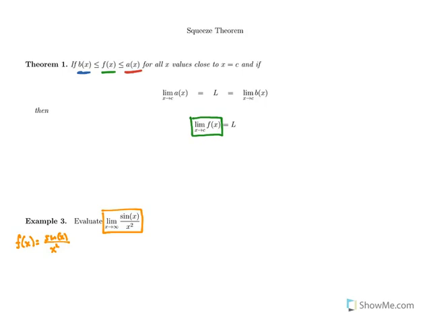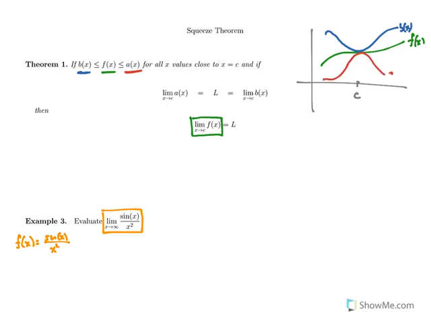What this means graphically is, near x equals c, we have some function f of x, which is always less than or equal to some function b of x, and always greater than some function a of x. So it's trapped in between those two functions.